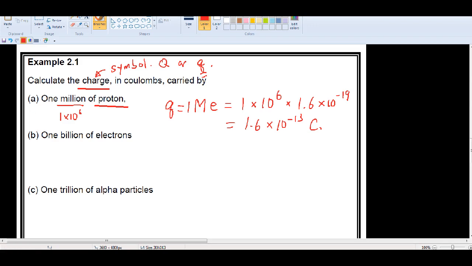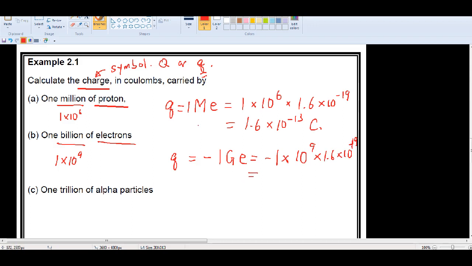How about billion? Billion will be 1 times 10 to the power 9. For this one, that's electrons, so it should be negative, all right? So it should be minus 1 giga times 10 to the power 9 e.